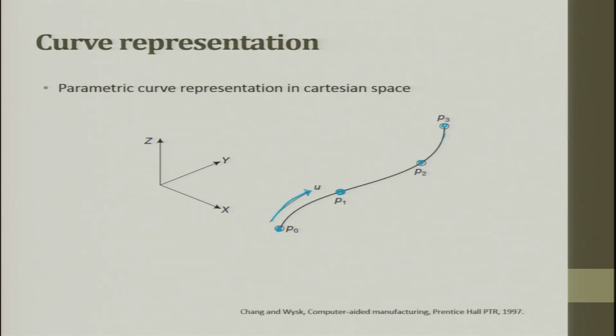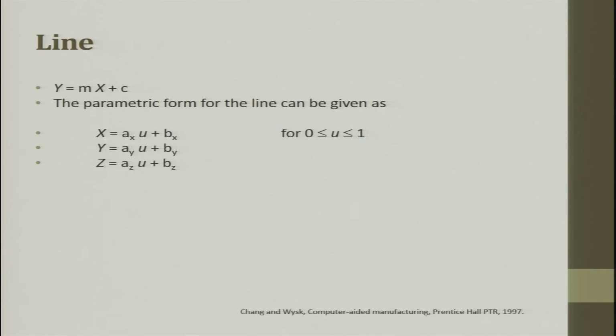Here is the u vector. I can take a value from 0 to 1 anywhere and start drawing the curve. If you want to represent a line, which is a simple equation in parametric form, you represent it as x, y and z. Now you see u takes a value between 0 and 1.